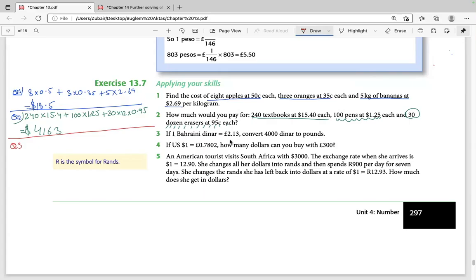If one Bahraini dinar is 2.13 pounds, convert 4,000 dinars to pounds. 8,520. 8520, right?